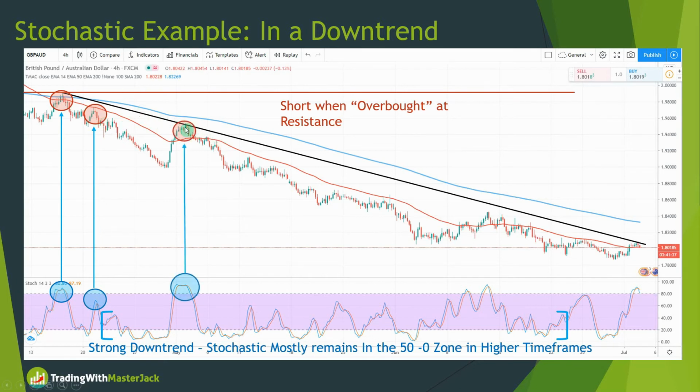There it pushed back against our dynamic resistance of our trend line, a fuller pullback there in the overbought region. There's our next one. Now our 50 mark line would be around this area, so that's why I say, in inverted commas, overbought. It's kind of gone over there, and that would be a good entry position for another short.